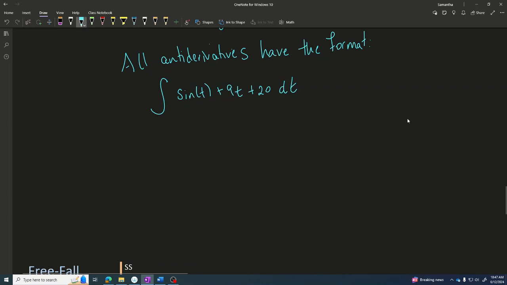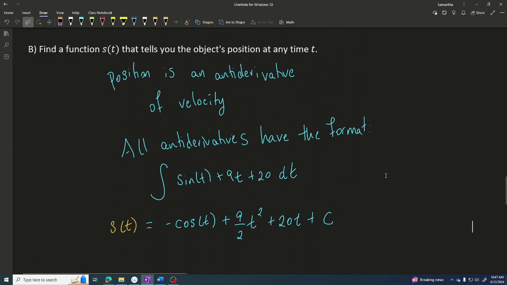Now if I go to find this indefinite integral, then sine of t becomes minus cosine of t. 9t becomes 9 over 2 t squared by power rule, and then 20 becomes 20t by power rule. And then any constant, in theory, can be here in the back. And our position function must be of this format. We just don't know right now what specific value of c corresponds to the specific position function for my object in this scenario.